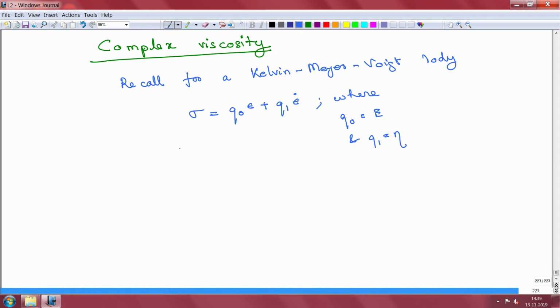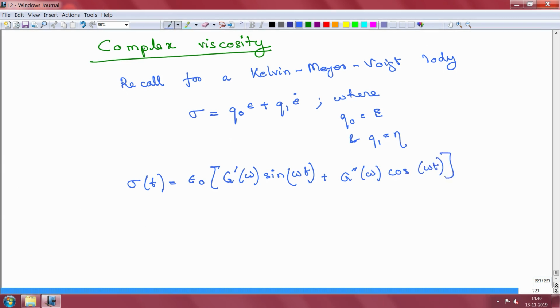So, given the complex form, what can we do about the stress? In this particular case your stress is now going to be epsilon naught G dash of omega sin omega t plus G double dash cosine of omega t, for epsilon equal to epsilon naught.